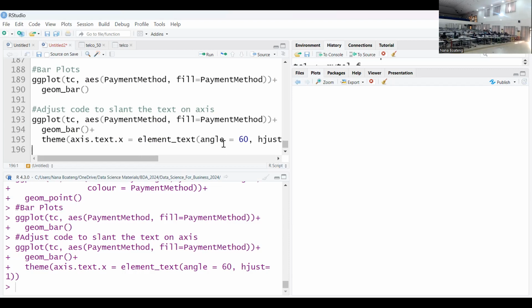Is yours working? Mine is very slow. Yes, Nana. Has it adjusted? Can you see the text? Yes, it has adjusted, but it entered a bit into the bar. It goes into the bar. Okay. Then why don't you change the angle and make it 90?